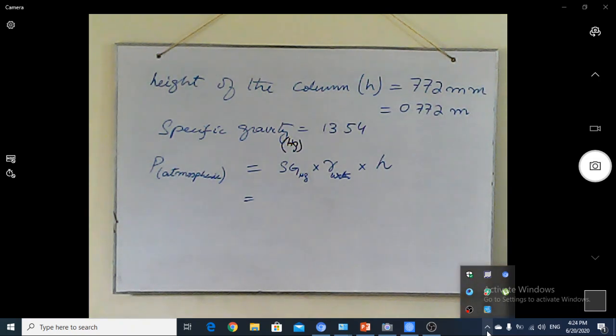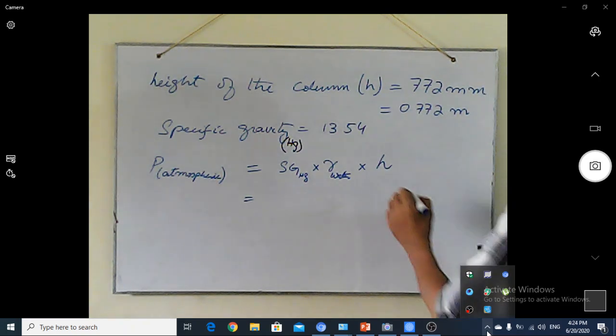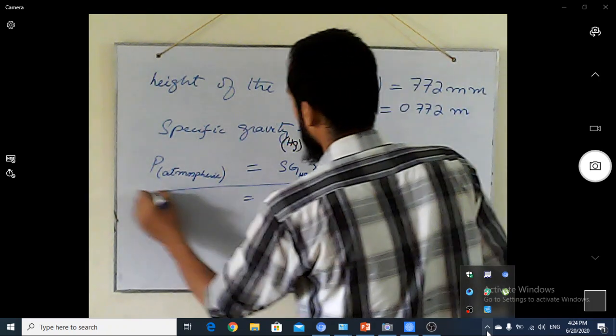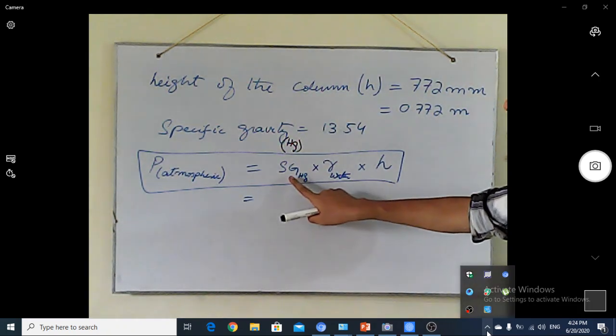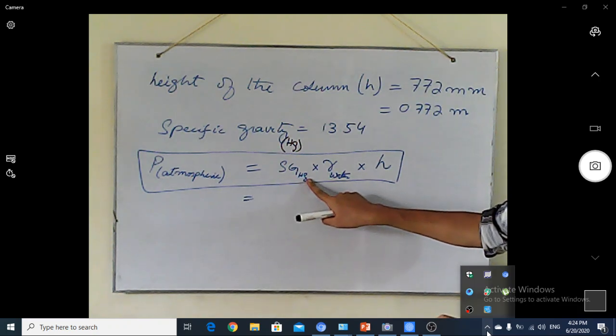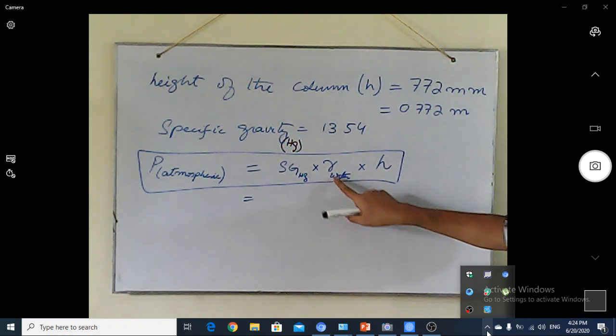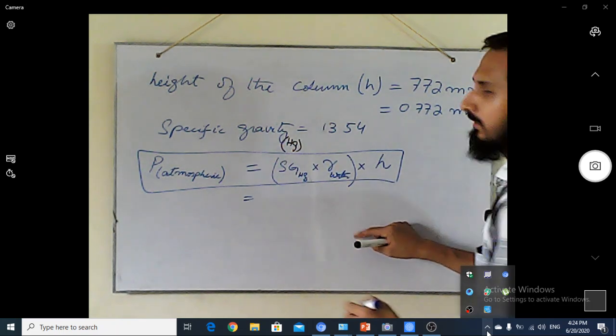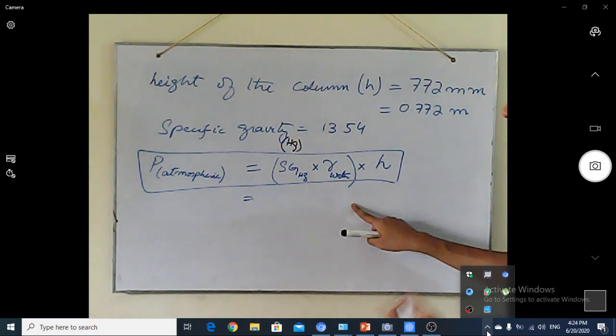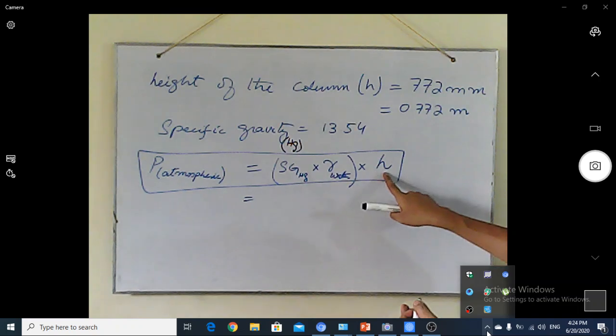So I just need to use this formula in order to determine the atmospheric pressure. The atmospheric pressure is equal to the specific gravity of mercury multiplied by the specific weight of water. This complete factor is equal to the specific weight of mercury, multiplied by the height of the column.